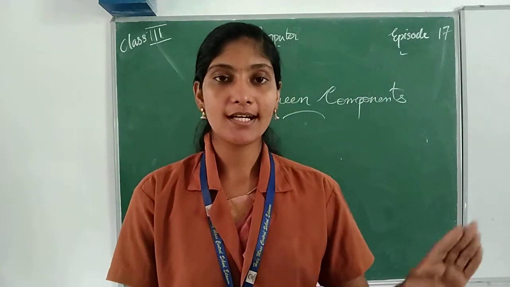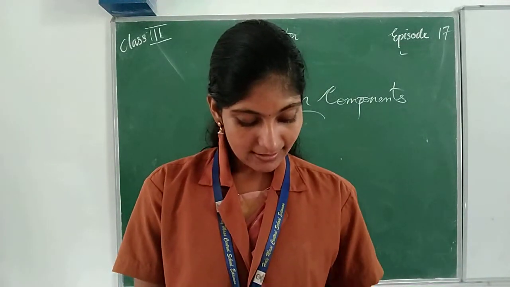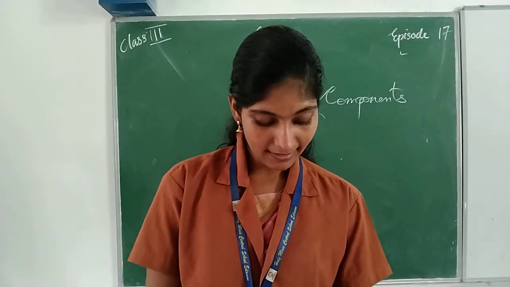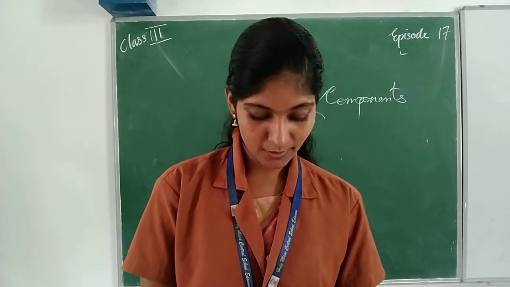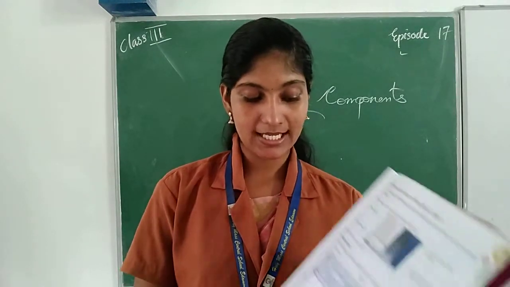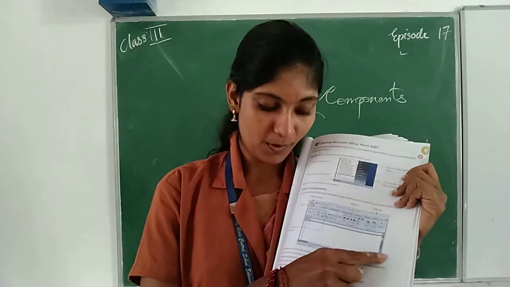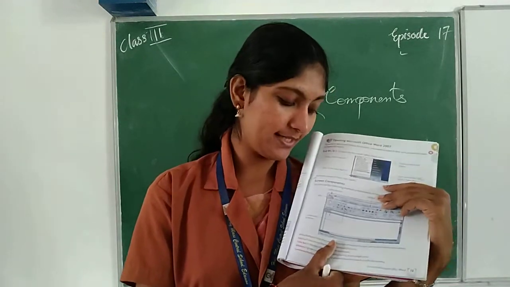Let's see what the screen components are, and then we can learn about each of them separately. First one, look at the picture on page number 73. This is the screen with some important components.